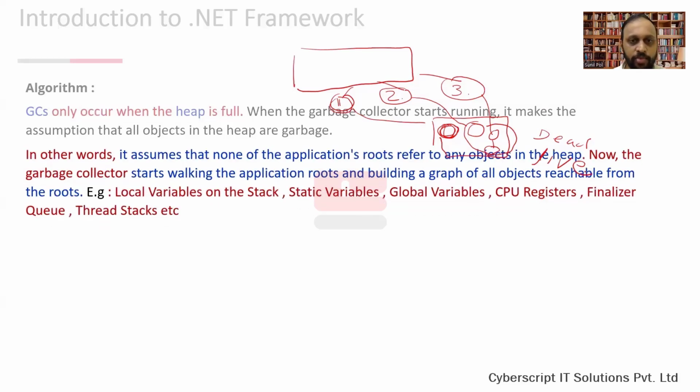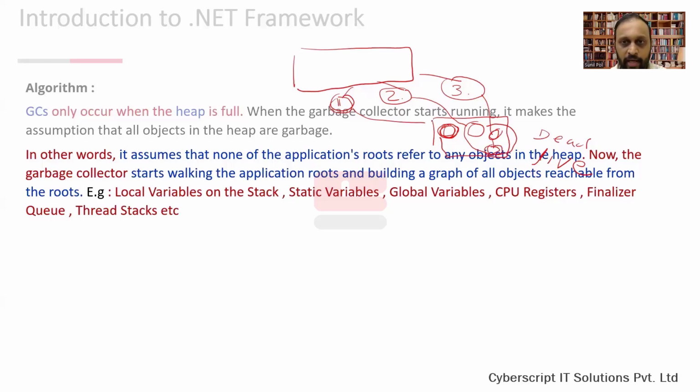In other words, it assumes that none of the application roots refer to any objects in the heap. Now the garbage collector starts walking the application roots and building a graph of all objects reachable from the roots. Here, root 1 has created this object, root 2 has created this object, and root 3 created this one and this one.